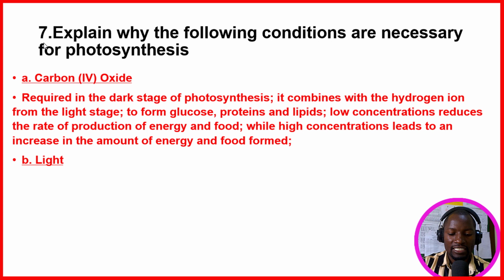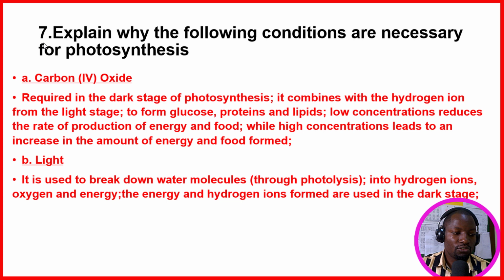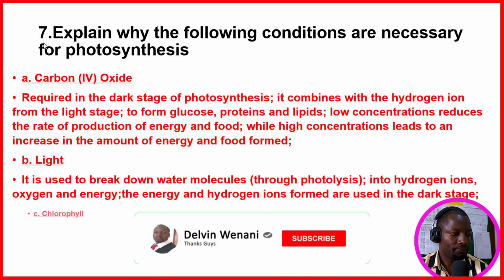Light will help us to break down the two so that we separate the hydrogens and the oxygen. So it is used to break down water molecules through photolysis into hydrogen ions, oxygen and energy. The energy and hydrogen ions formed are used in the dark stage.